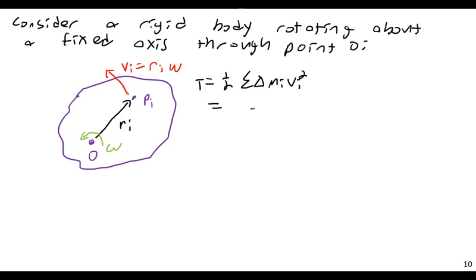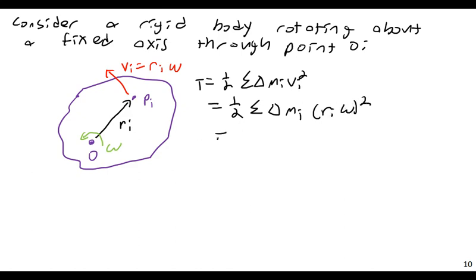But when I start summing those, when I start putting in equivalent terms, I can see that this collapses down to I omega squared. For example, if I replace the v with R omega, I get 1/2 delta mi times Ri omega quantity squared.